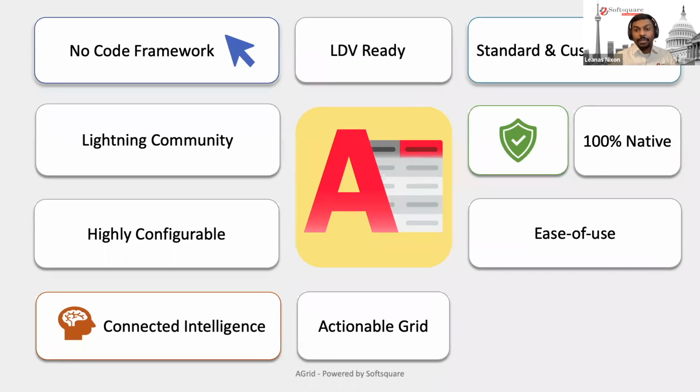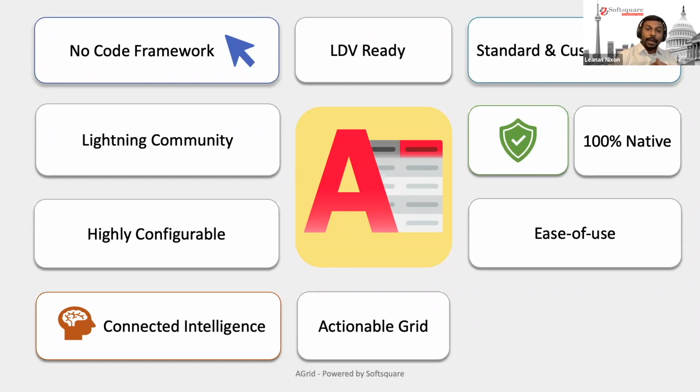Now we can enable connected intelligence for your related list using AGrid. We can configure multiple related lists per object, and your Salesforce users can see the key information like open cases, open opportunities while accessing the account information. AGrid will take your related list beyond lookup and master detail relationship.